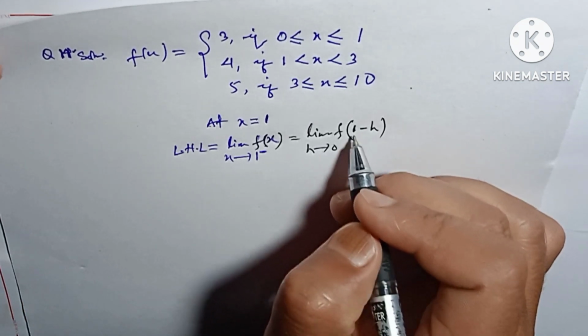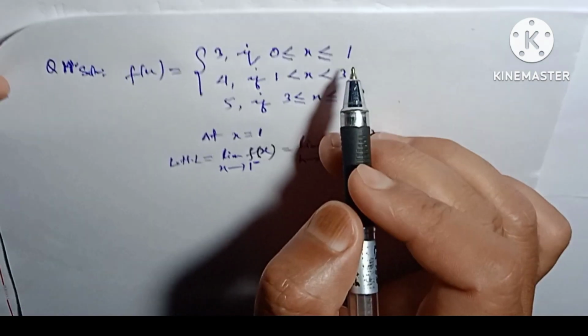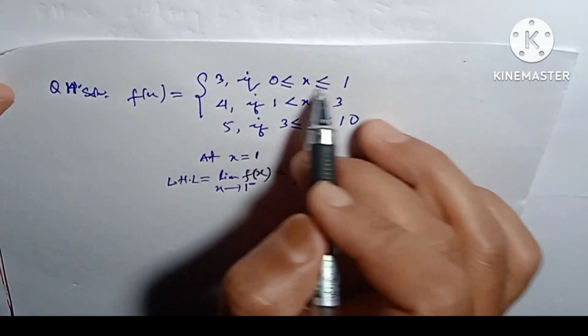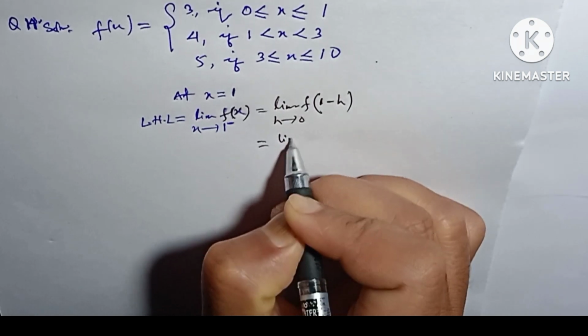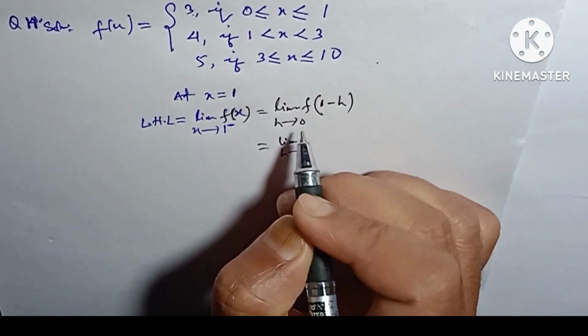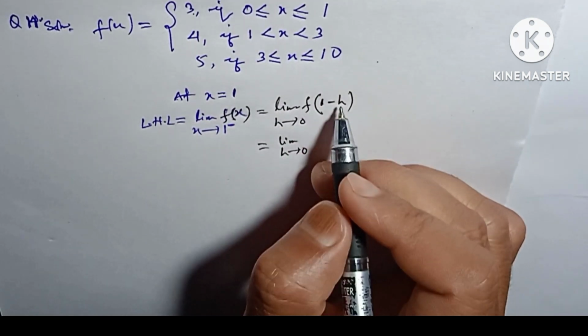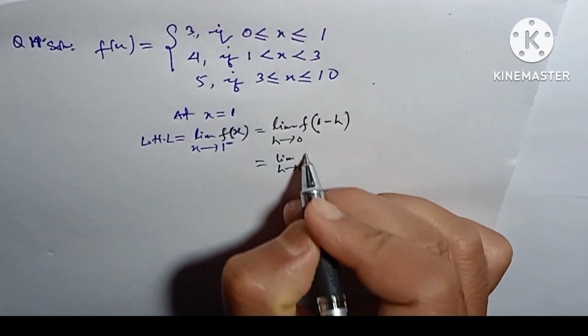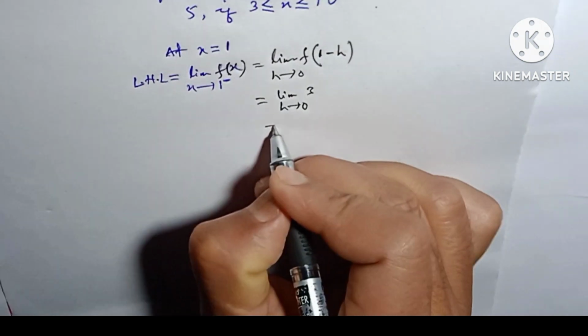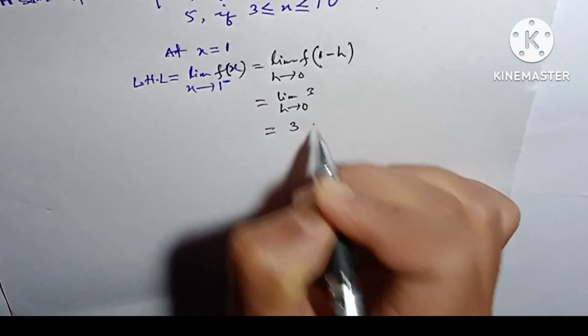The value of x less than 1 is in the interval 0 to 1, so f of x is equal to 3, which is 3.